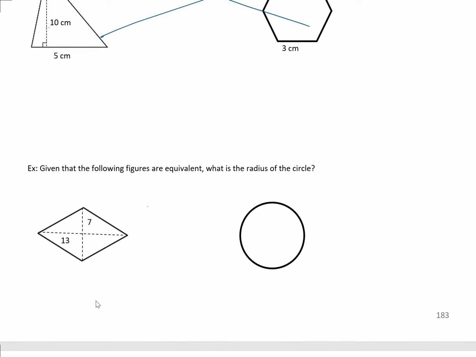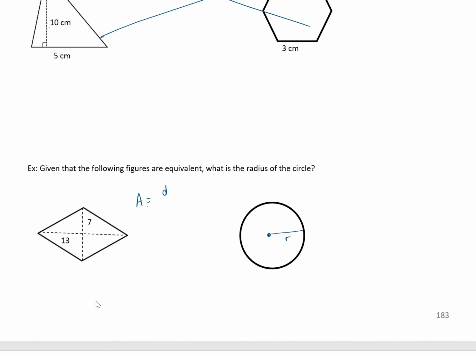This last example is a slightly different kind of question. It says, given that the following figures are equivalent. So we're told that they are equivalent. So knowing that these two shapes are equivalent, we need to find the radius of the circle. Okay. So let's find the area of our diamond first.